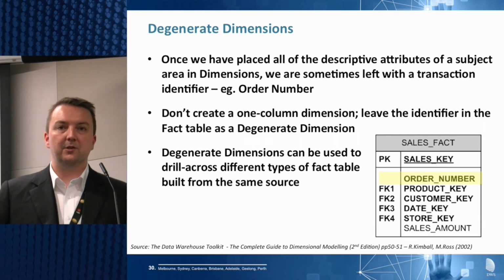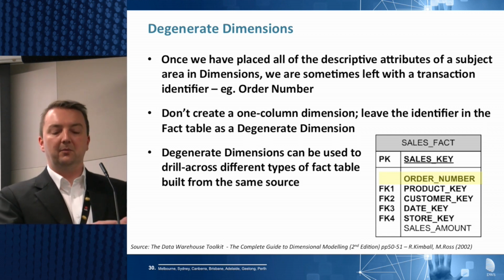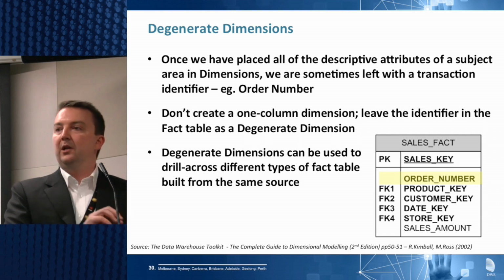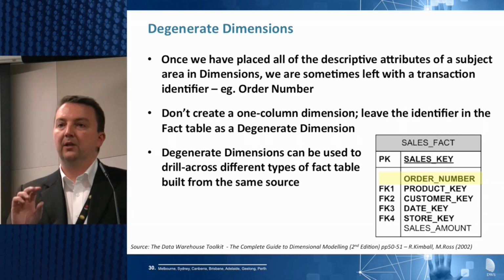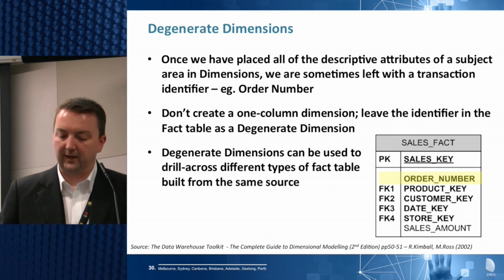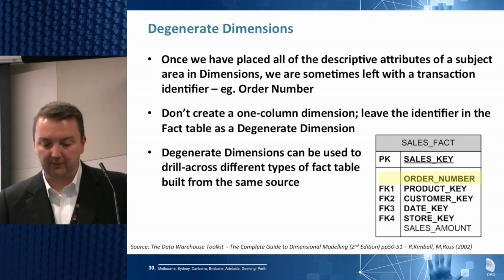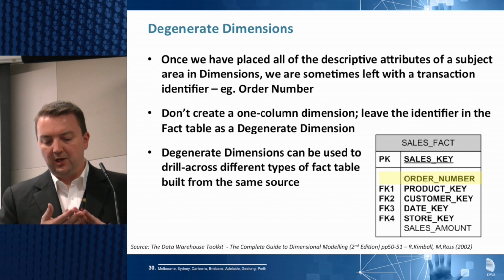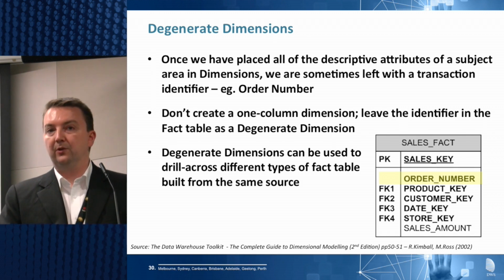We could do one analysis on the accumulating snapshot and then use the order numbers of the things that are interesting to us and drill across and show the transition events in the transactional event-based fact table using that degenerate dimension. So degenerate dimensions, useful for drill through, useful for drill across as well.